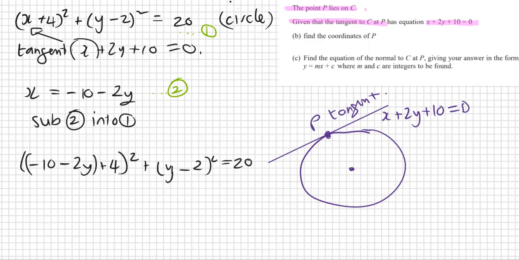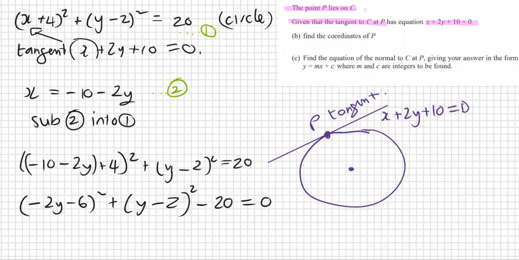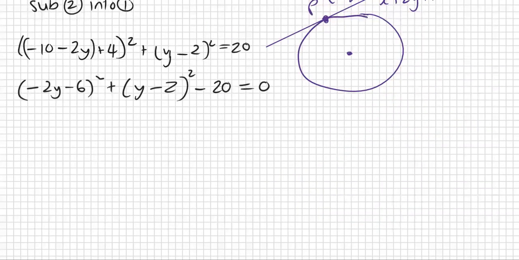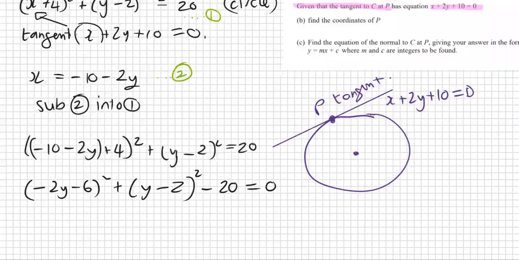So minus 10 plus 4 is minus 6. So negative 2y minus 6 squared plus y minus 2 squared. Let's bring the 20 over to the left-hand side by minusing 20 on both sides. We're trying to solve for y first, and then we can solve for x because it asked for the coordinates of the point P, which is some sort of x, y. That's what we're aiming for. That's point P.